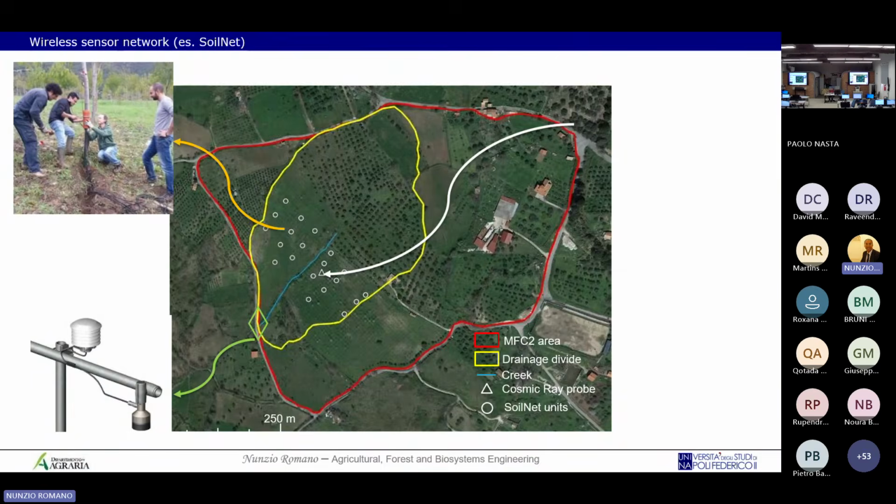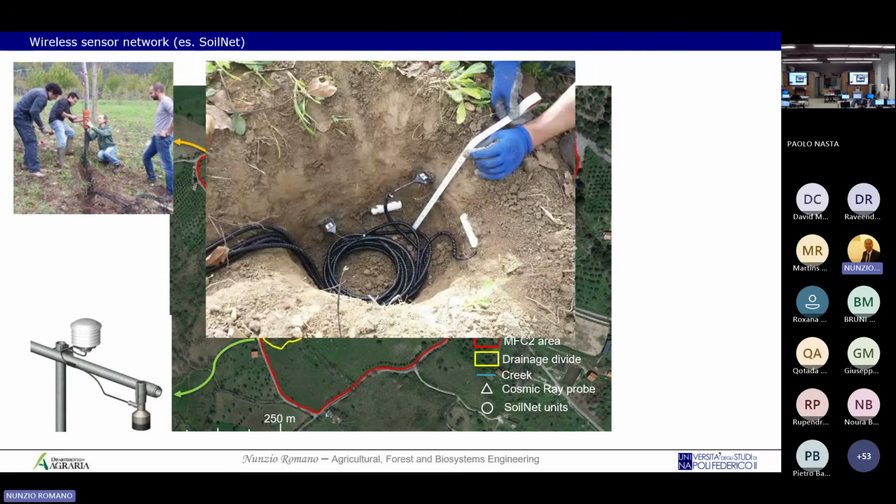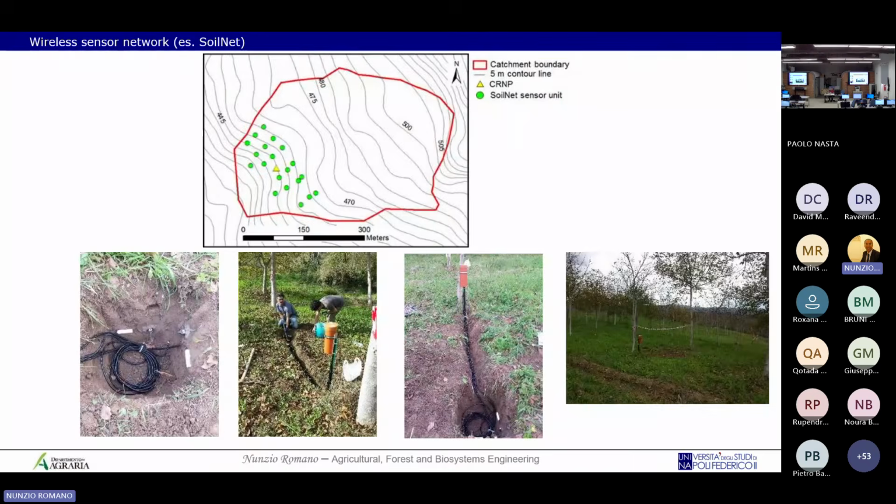This is the way we put the soil moisture sensor and the water potential sensor at different depths into a pit, and everything is connected to the antenna, and we prefer to put the antenna outside the soil, so to be sure that the signal is very well transferred. And you can see the different ways to install this sensor network.